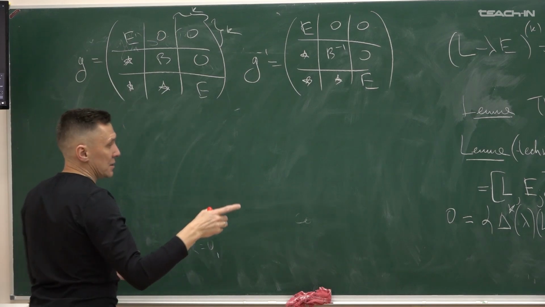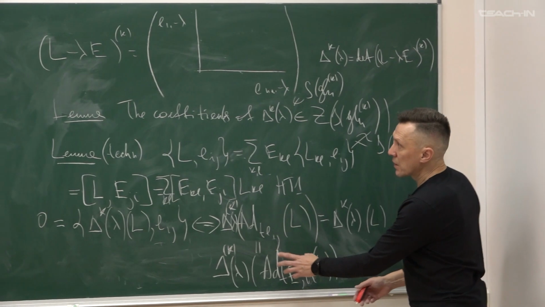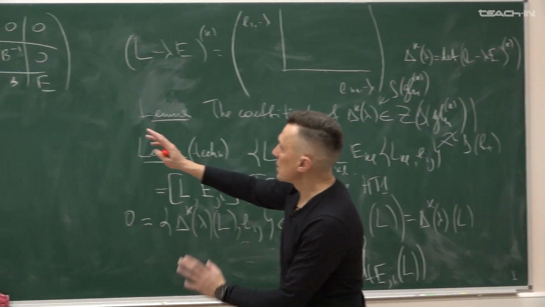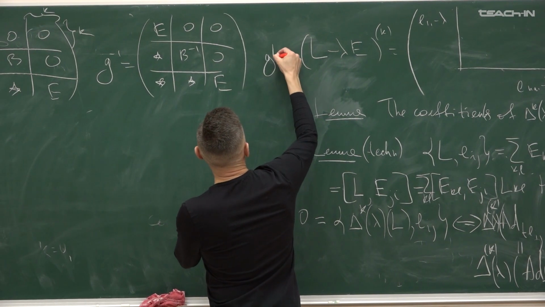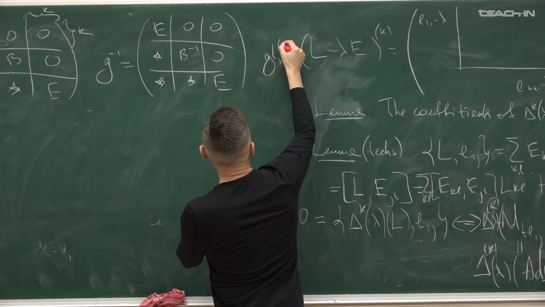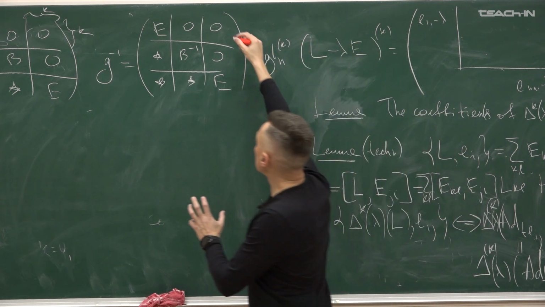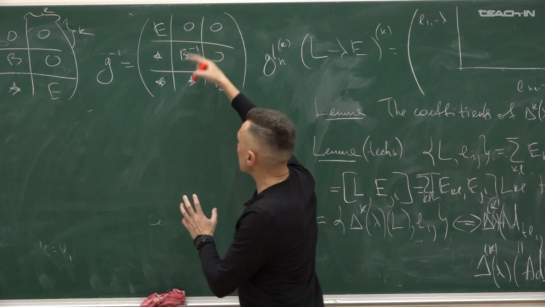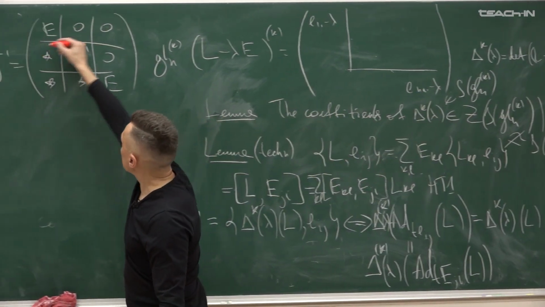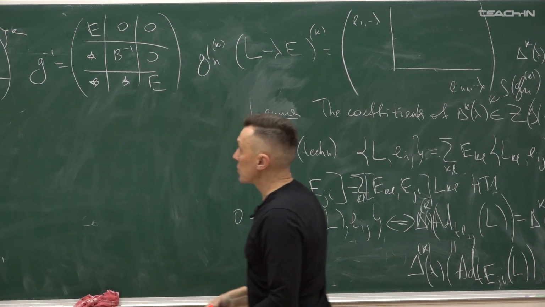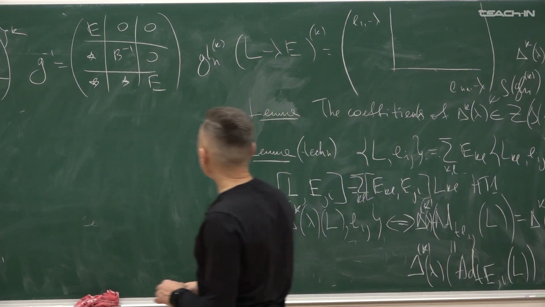And then I'd like to calculate this adjoint action. You understand that we study GL N K, so it's the upper part. But after transposition, we get the left lower corner of this matrix, which could be non-trivial.